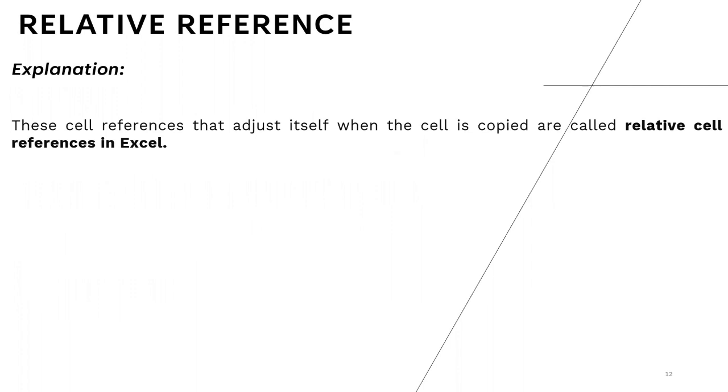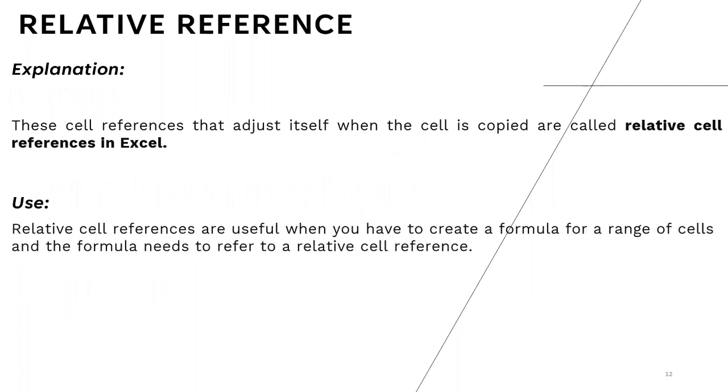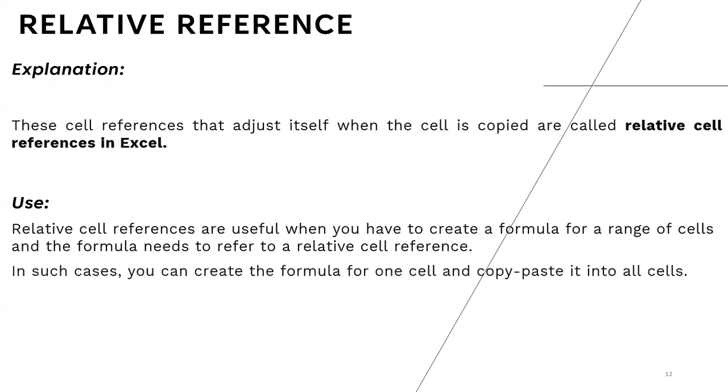Relative cell references are useful when you have to create a formula for a range of cells and the formula needs to refer to relative cells. In such cases, you can create a formula for one cell and copy and paste it into all the cells.